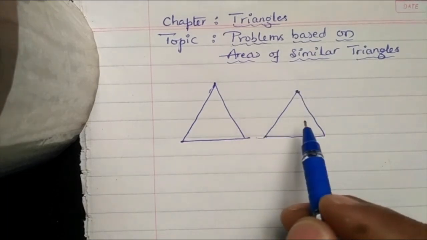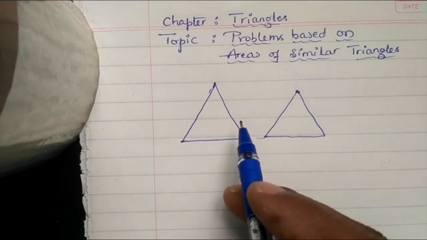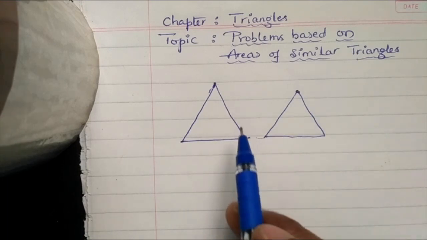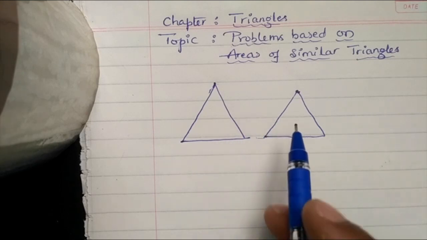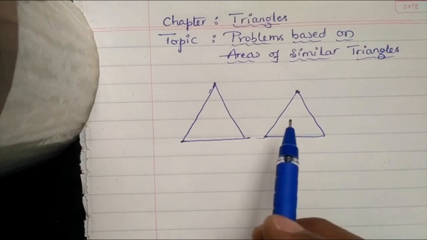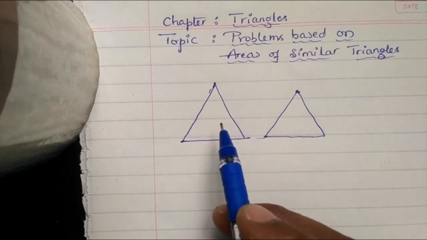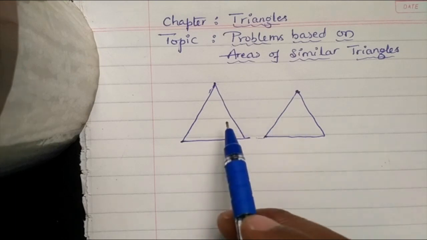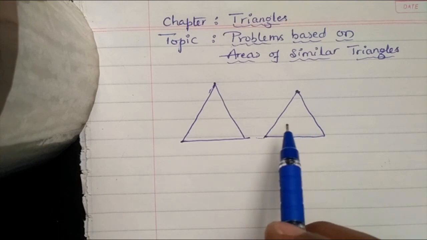Two triangles are given separately, or one triangle is inside the other. But there should be a pair of triangles. Whether these two triangles are similar or not, how to prove? One triangle will be bigger than the other triangle.